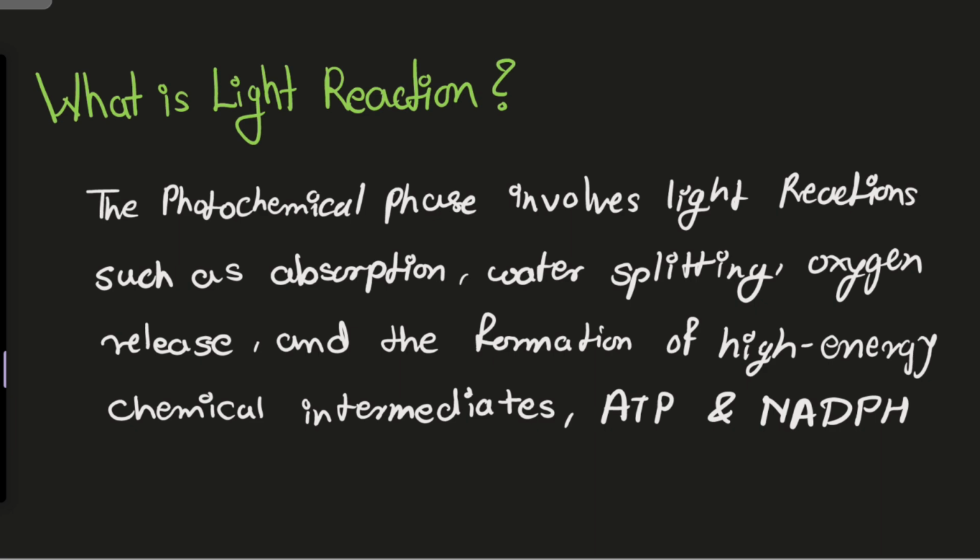Now, what is light reaction? The photochemical phase involves light reactions such as absorption, water splitting, oxygen release, and the formation of high energy chemical intermediates, that is ATP and NADPH.